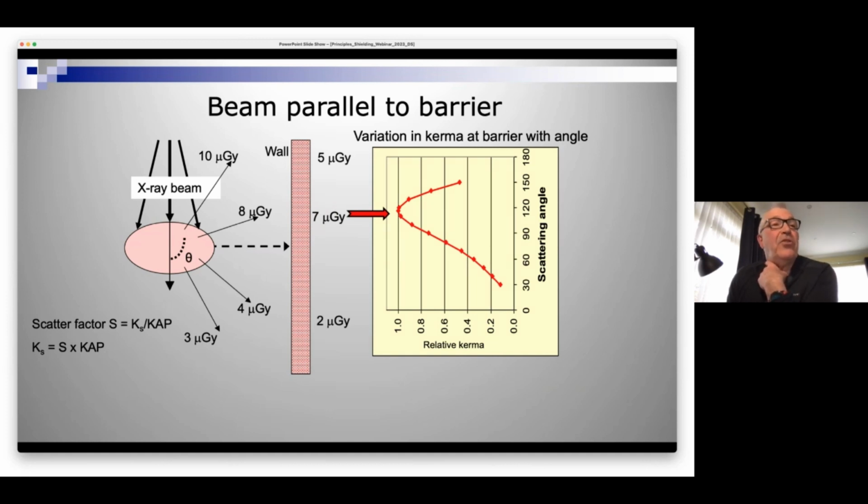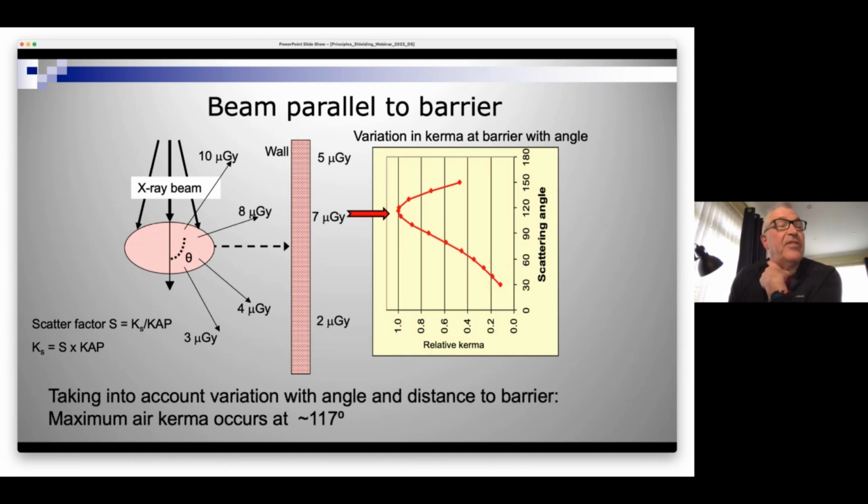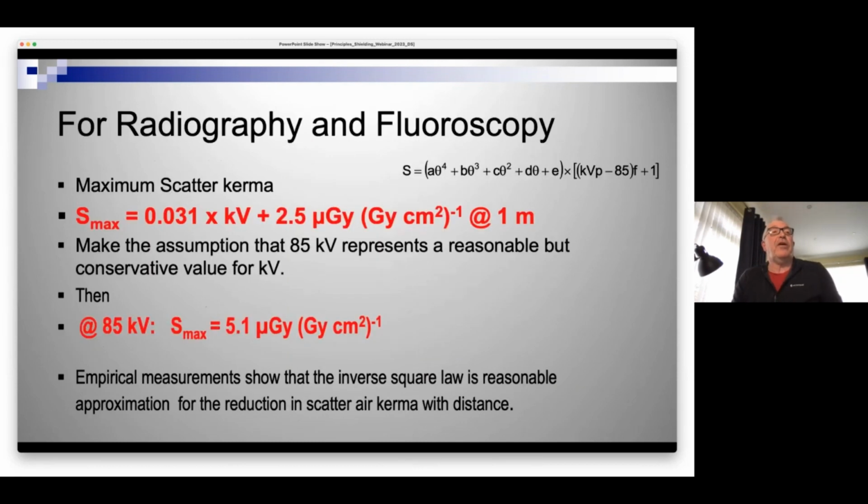And that point is about 120 degrees, it's 117. Which means that we can feed 117 degrees into our equation here and come up with a much easier equation: the maximum scatter is 0.031 times the kV plus 2.5 microgray per gray centimetre squared, which is the unit of KAP, at 1 metre.